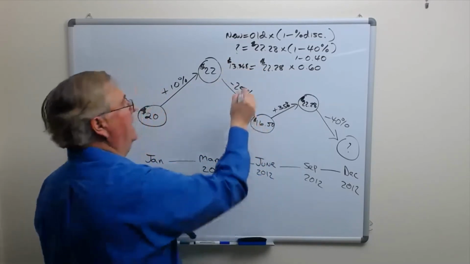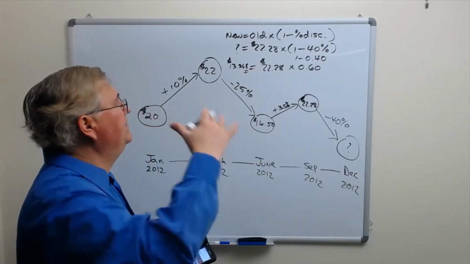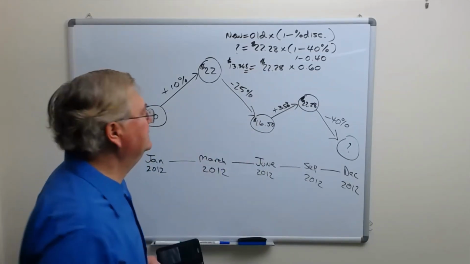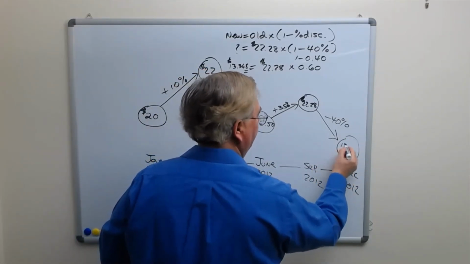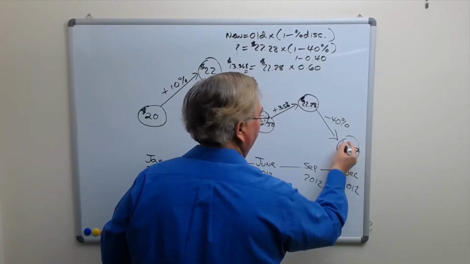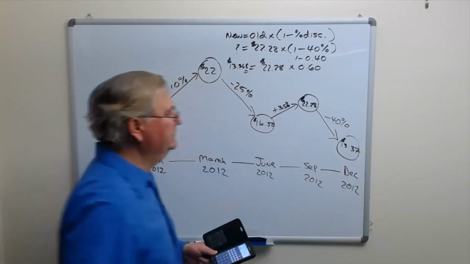And once again, we have a fragment of a penny left over here, so we should bump that up to 13.37. And that's our final answer. 13.37 is the stock price at the end of December 2012.